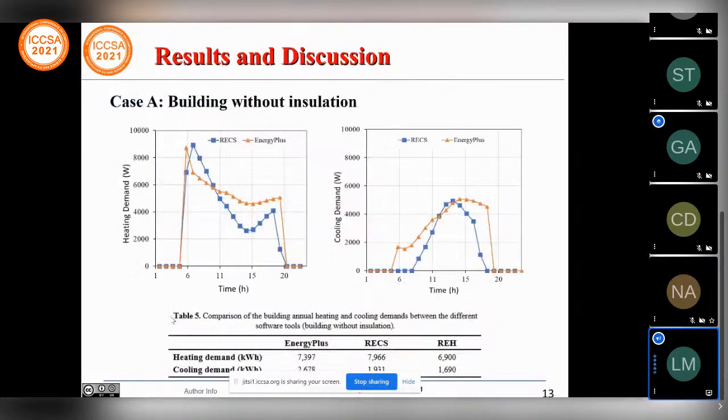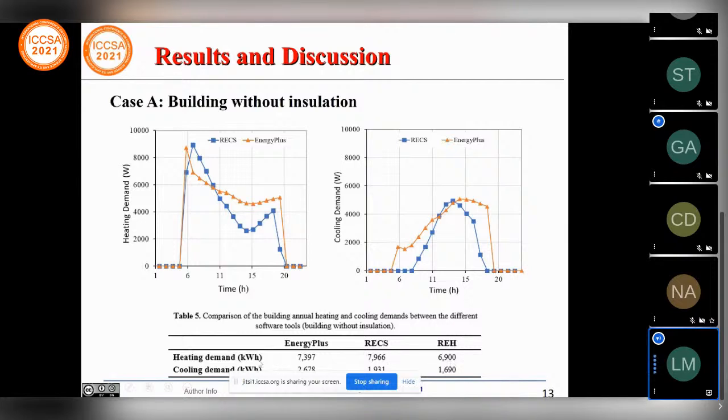Some results in this figure: I can show the results for a critical day in winter on the left, and summer on the right. So heating demand and cooling demand. This is one day in winter, one day in summer, and the final results are below. So the heating demand for Energy Plus, RECS, and REH, the basic steady state model, which only gives results for the full season.